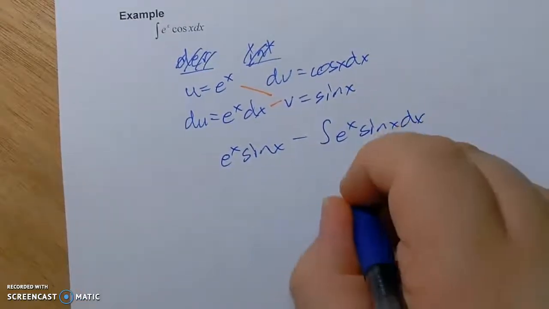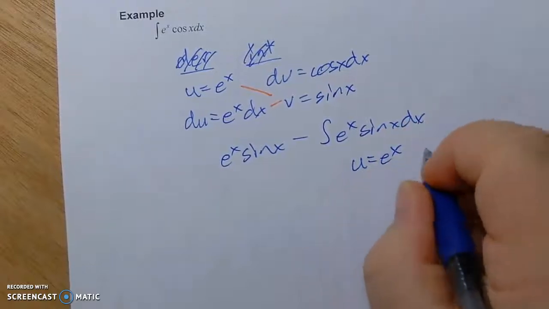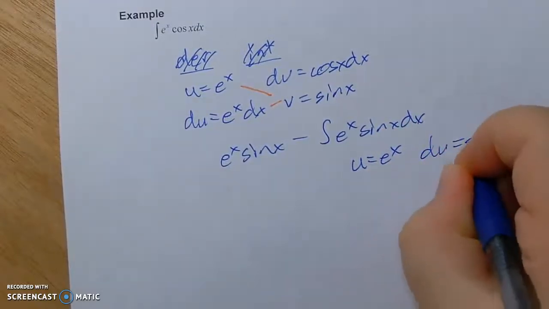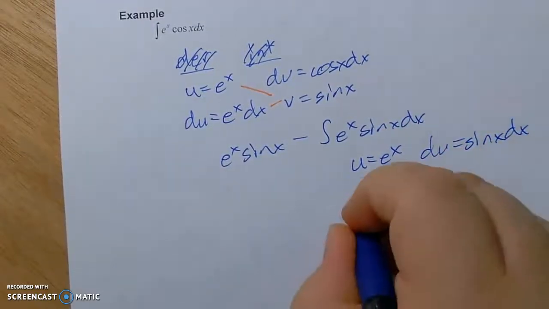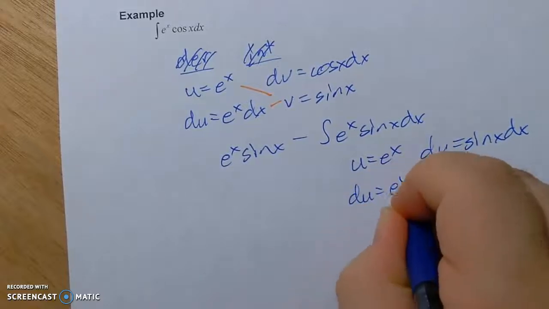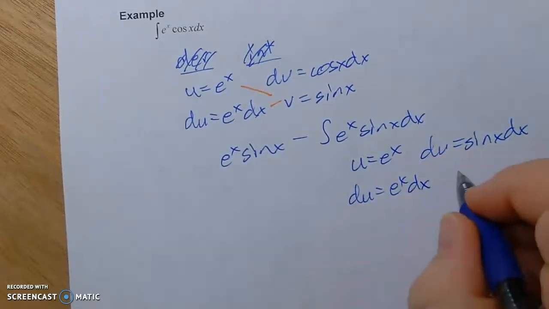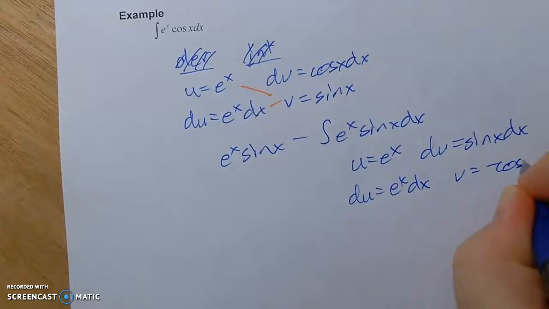Let's just see what happens here. Gonna keep going. I like this division still. The derivative here is e to the x dx. The integral here is negative cosine x.